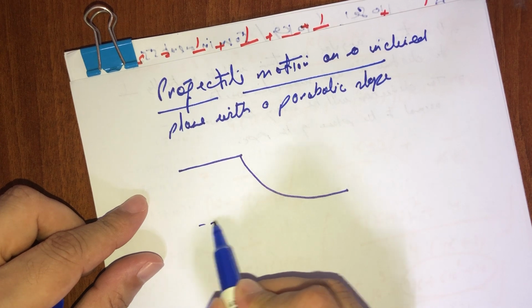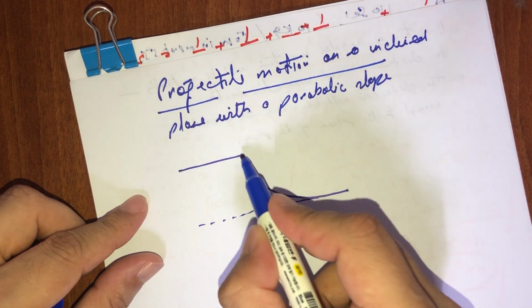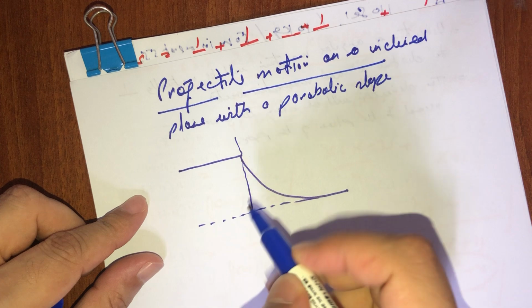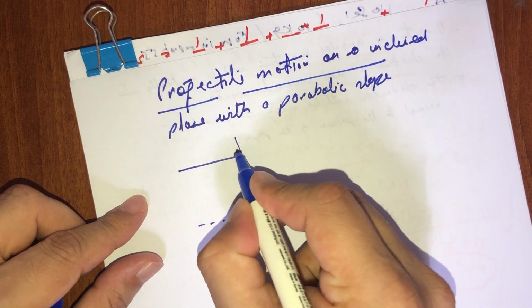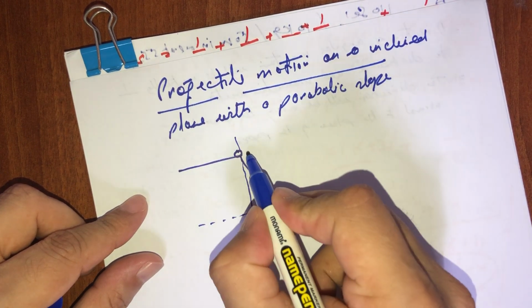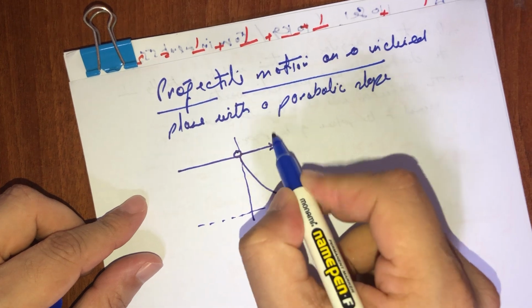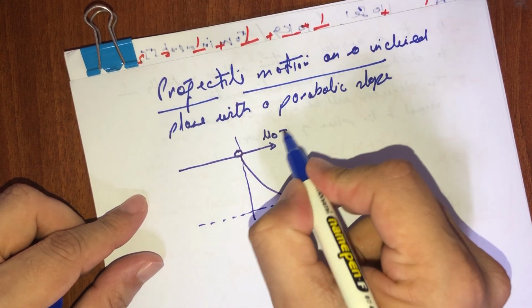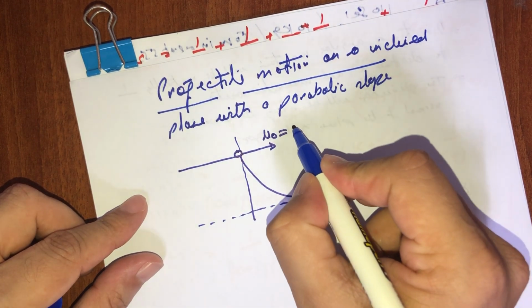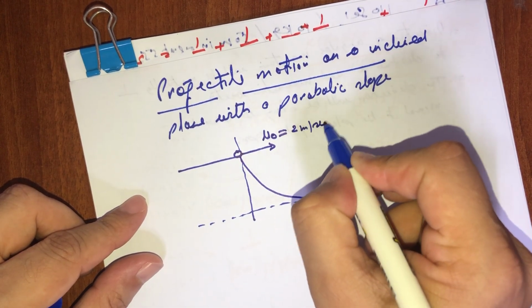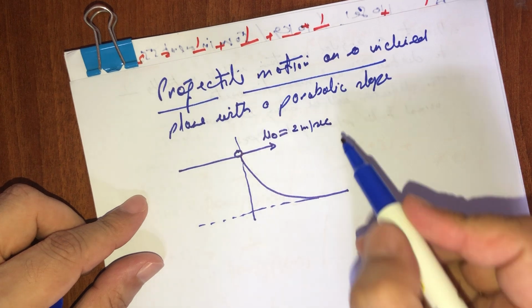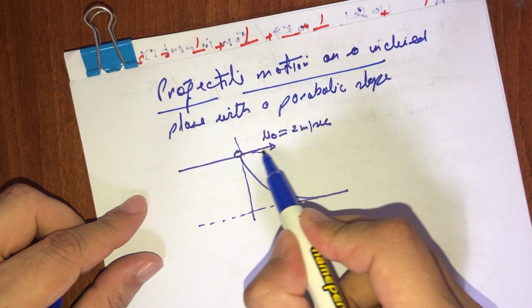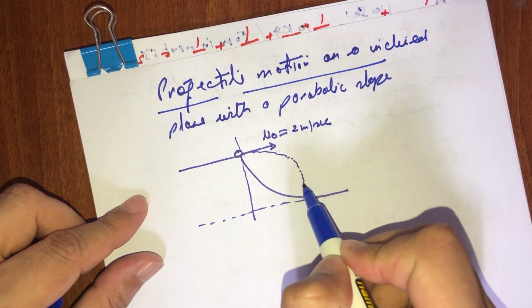and a ball is projected horizontally with u naught, which is given as 2 meter per second, and it lands somewhere here.